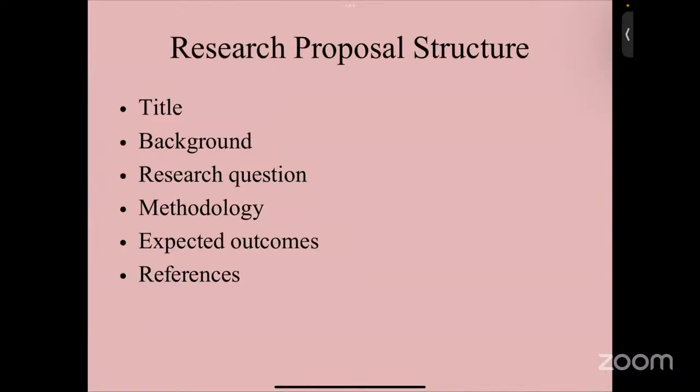Now, what is the research proposal structure first? Of course, we all know that every research proposal is made of a title, then background, research questions, and some people say objectives, and then methodology, expected outcomes, and then references.